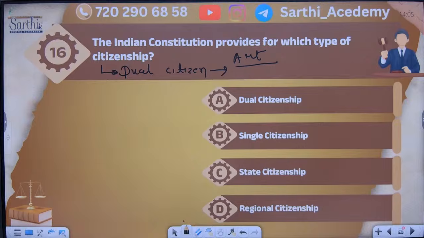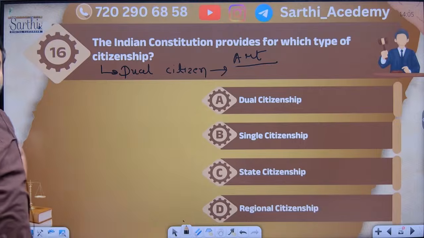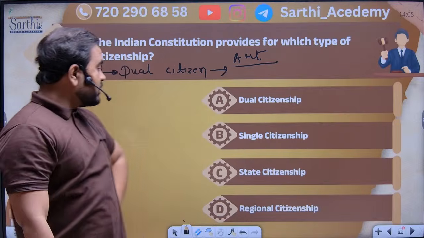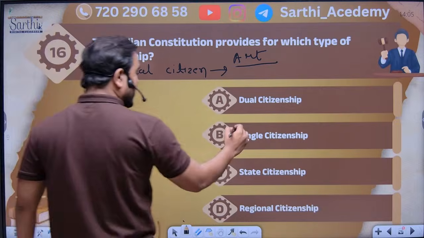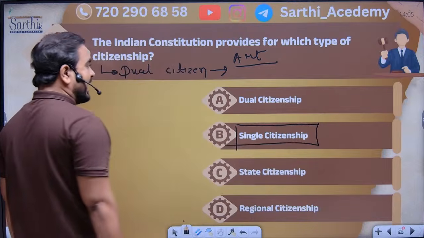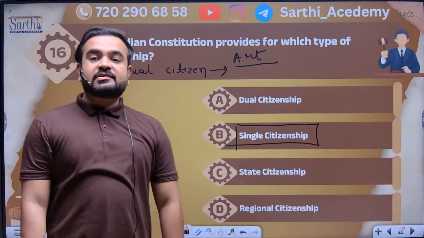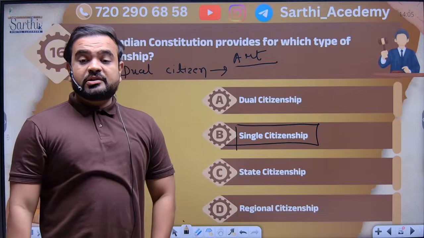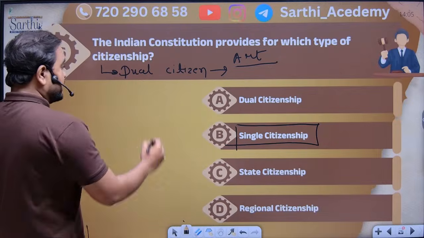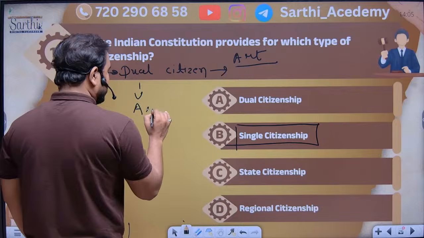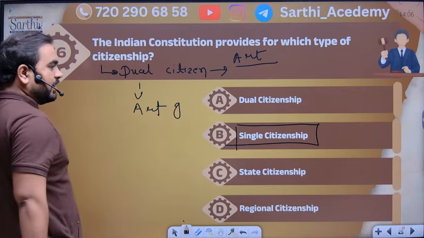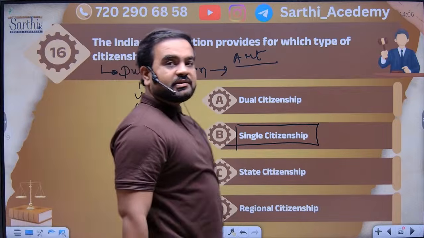B, single citizenship, yes, that answer is right. But what I asked you is which article says that nobody could have dual citizenship in India? Article number 9. Yes, you are 100% right. Article number 9.